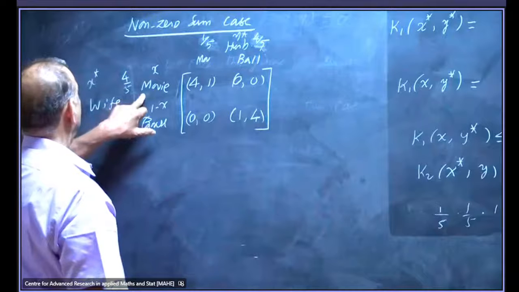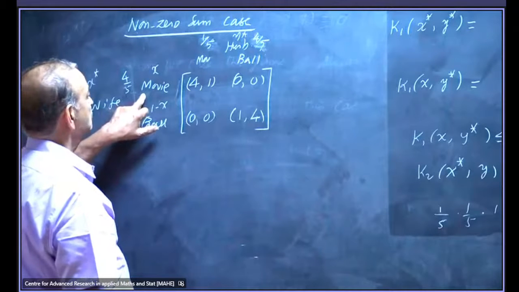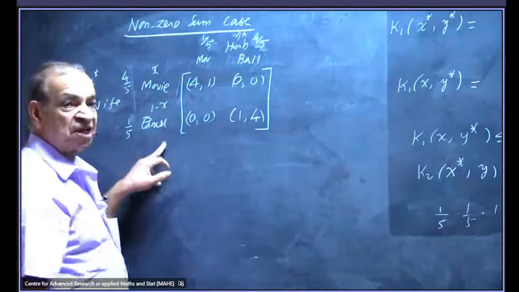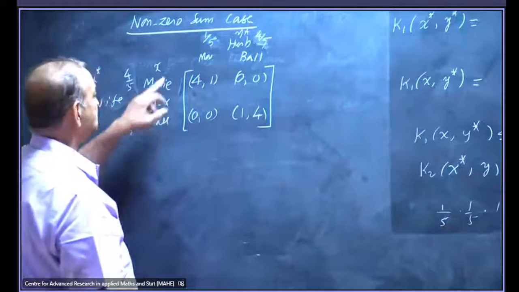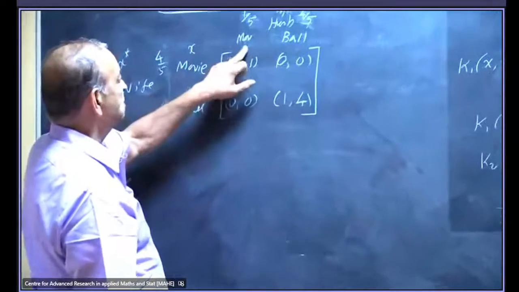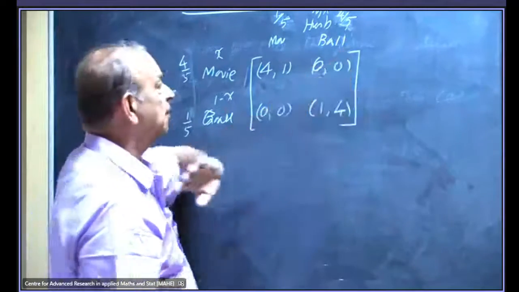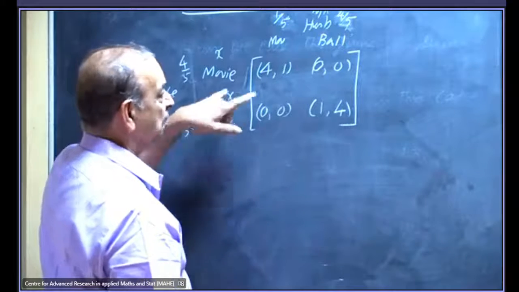So the wife chooses with 4/5 chance movie, 1/5 chance ball game. The husband chooses 1/5 chance movie, 4/5 chance ball game. Okay? Now, let us do the calculation again.